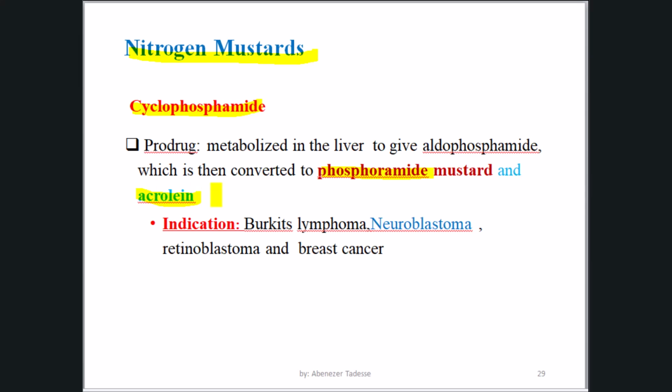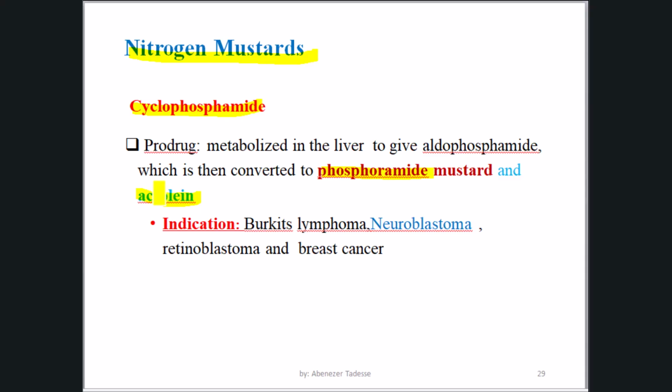Mesna and acetylcysteine are sulfhydryl donors. They form a complex with acrolein and make it inactive, so there will be no further damage.